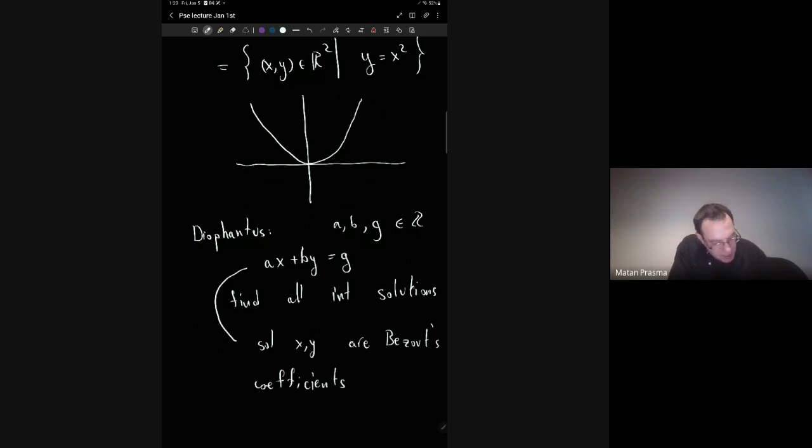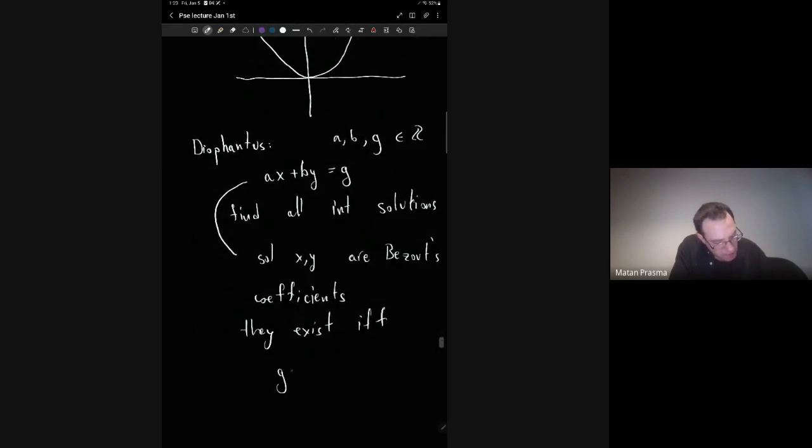And they exist if and only if g is the GCD of a and b. But typically they are not unique. There are many Bezout coefficients for a given pair a and b.